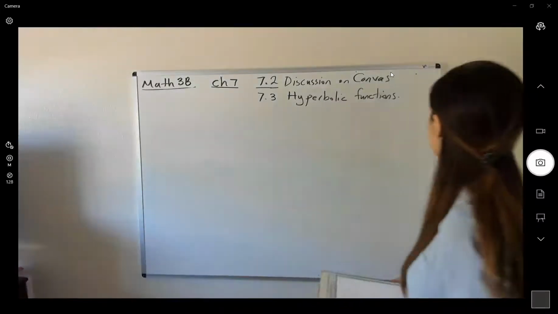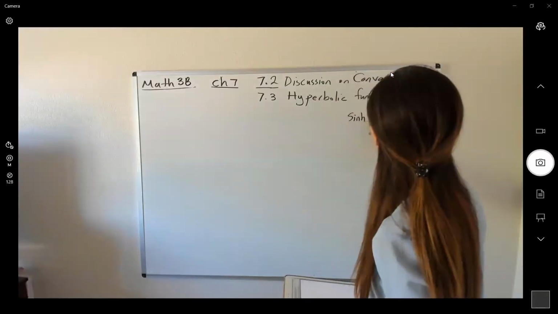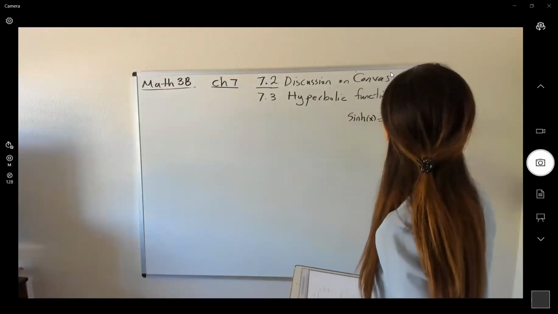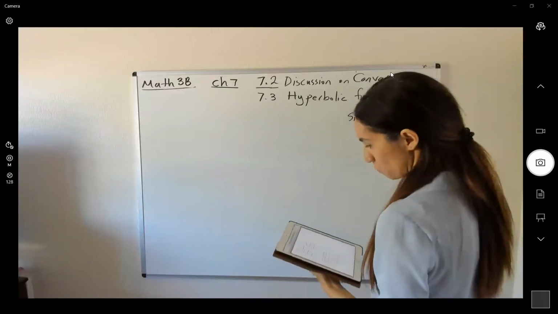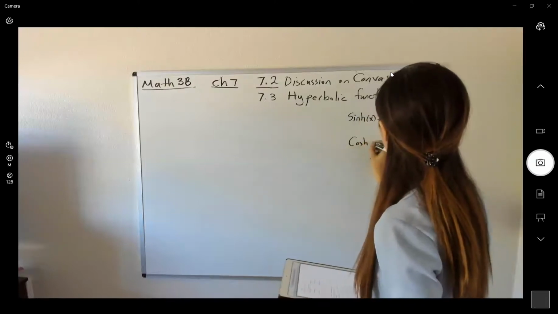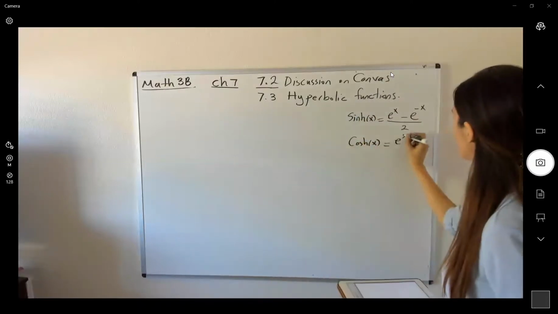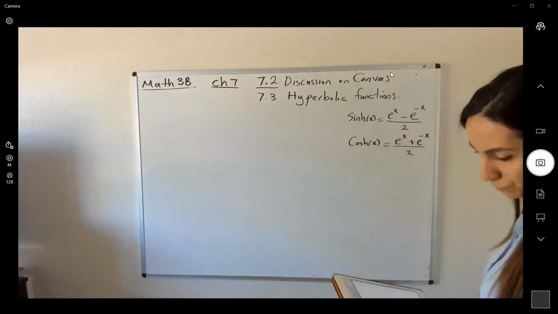Okay, let's write this here. Cosine hyperbolic is e to the x plus e to minus x divided by 2.